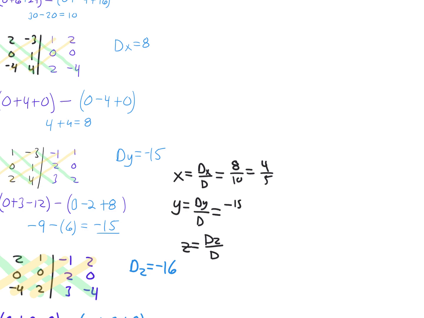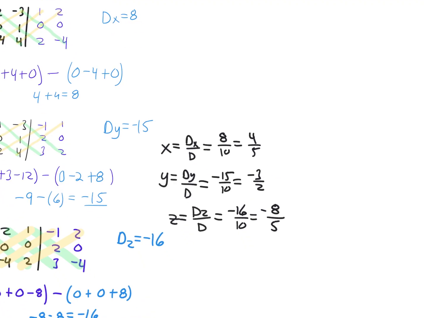Y is going to be negative 15 over 10, so negative 3/2. And then z is going to be negative 16 over 10, so negative 8 over 5. So then your final answer as an x, y, z ordered triple is going to be 4/5, negative 3/2, and negative 8 over 5.